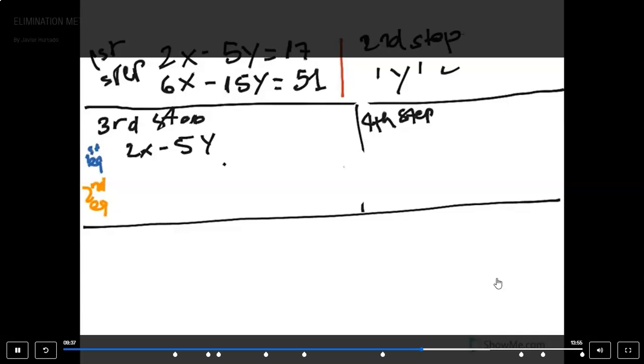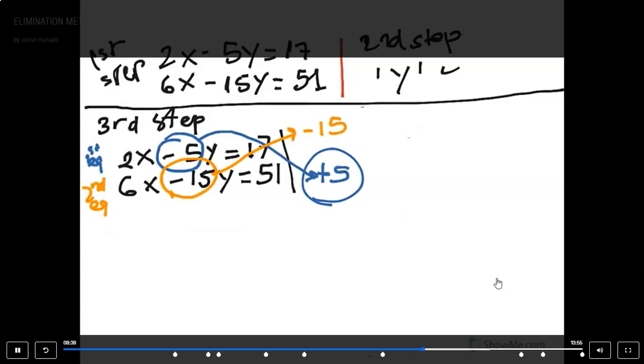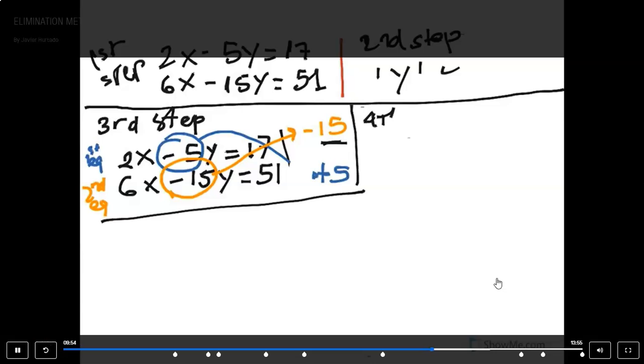Okay, I had said that we were going to multiply the second equation by positive 5, right? And then the first equation by negative 15, okay? And then this is going to be our fourth step. Okay, let's do it. I'm going to use, which color can I use so you understand me better? Let me use yellow. So I'm going to multiply negative 15 by positive 2x.